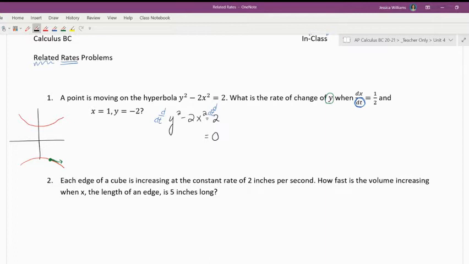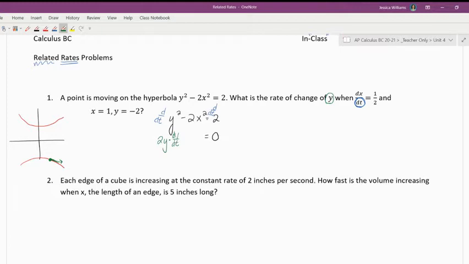On the left-hand side, you have to remember that y is changing in this problem. The y value of that point is not constant. Y is a function of time, and y is changing over time. Same with x. They're both changing. So when I do my super fun power rule on y squared and I pull the power down and subtract 1, I have to multiply by dy/dt, because that's what implicit differentiation tells me to do.